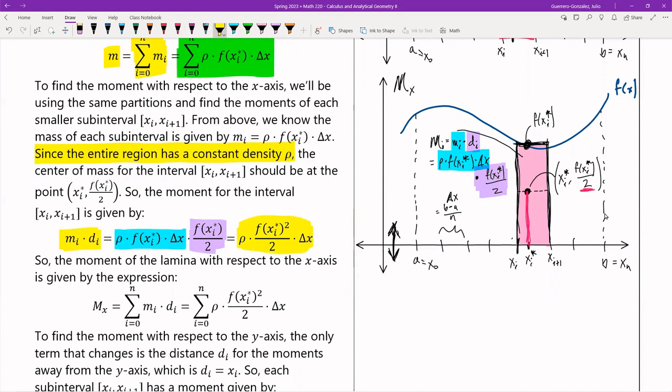So this is going to be the moment for that particular pink strip over on the right. The idea again is if we grab all of these moments and add them up, that's going to be the moment for the entire shape with respect to the x-axis. So we have a sum of all the particular smaller moments with respect to the x-axis.